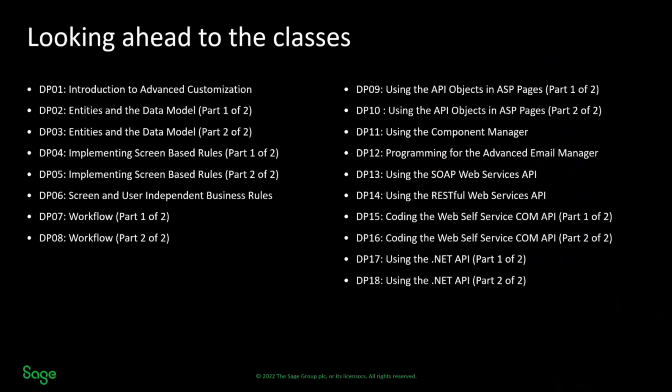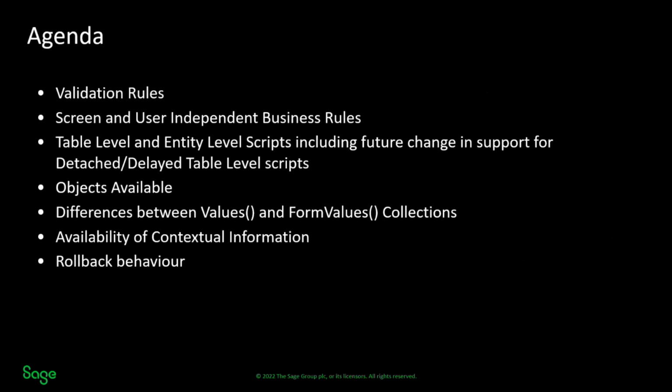As I said, this is the sixth lesson within the cycle of 18 that make up the full program. I can't believe that we're already a third of the way through, and today we are going to finish off those screen-based rules, looking at validation rules, starting to understand how rules are dependent on screens and the definition of the blocks that we're working on.